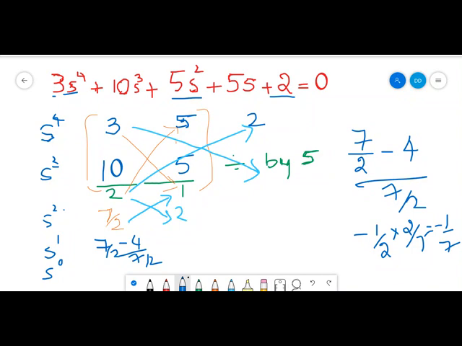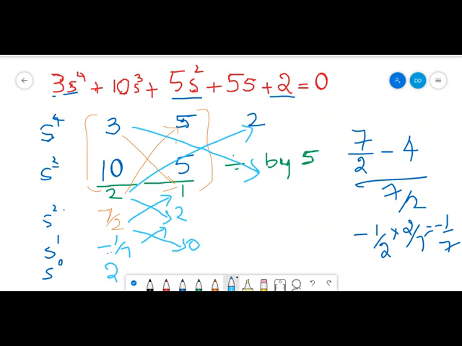So the s^1 row element is minus 1 by 7. What will be our last row value? It is minus 1 by 7 into 2 minus 7 by 2 into 0, divided by minus 1 by 7, which is equal to 2.